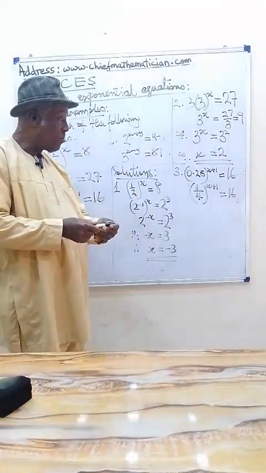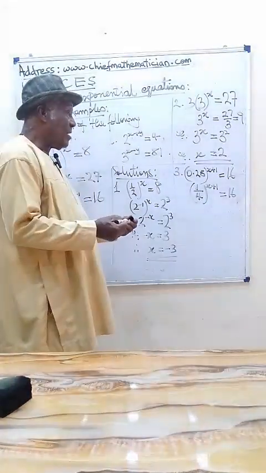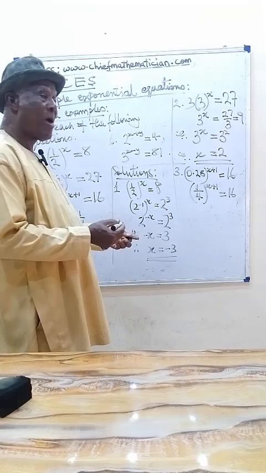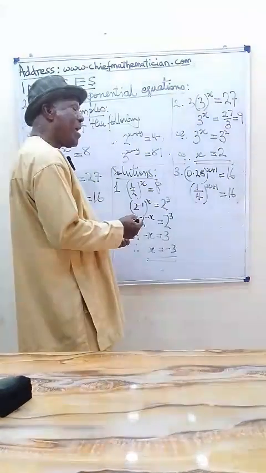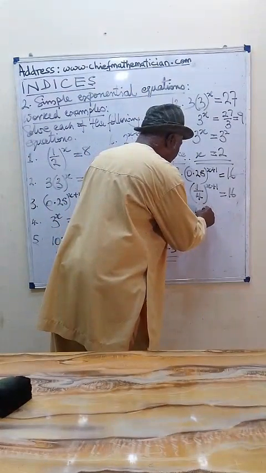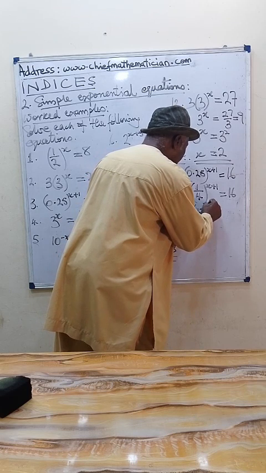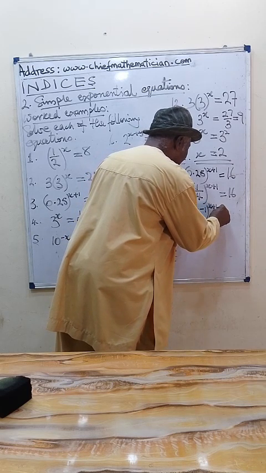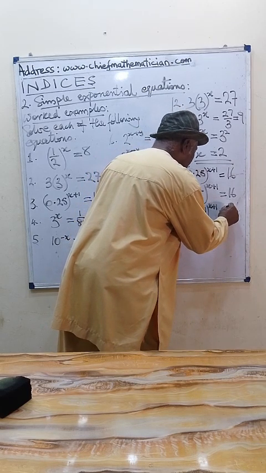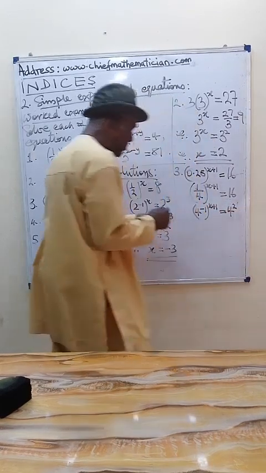And 1 over 4, is it not the same thing as 4 to power minus 1 from our laws of indices? This gives you 4 to power minus 1 to power x plus 1 is equal to 4 raised to power 2.